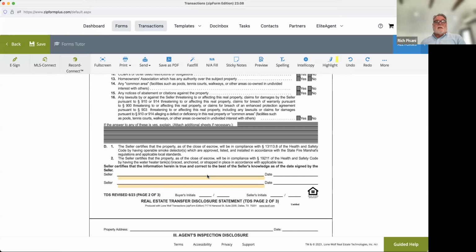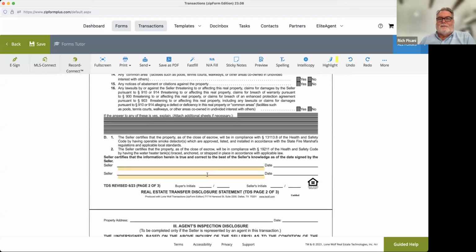Now, there are some brokerages, this brokerage is not one of them, where they still insist that you supply the WHSD, even though it's covered in the TDS. Now you can argue with them till the cows come home, but you have to pick your battles sometimes. Is it worth the argument, just to have your sellers fill out the form? That's up to you. So then the seller signs this at the bottom of page 2.